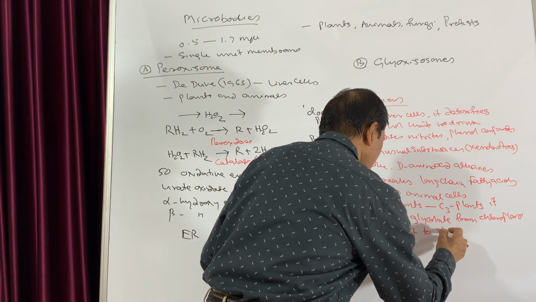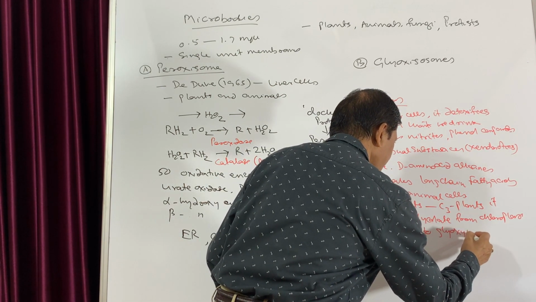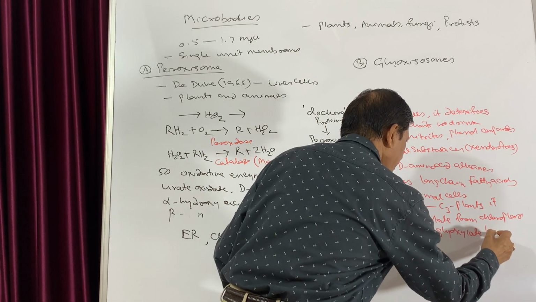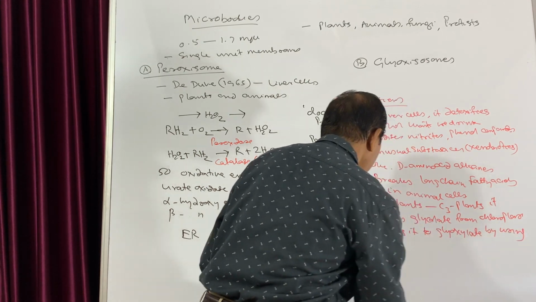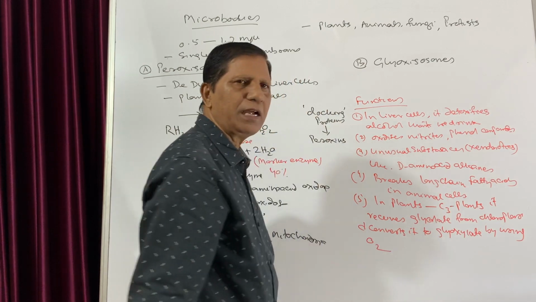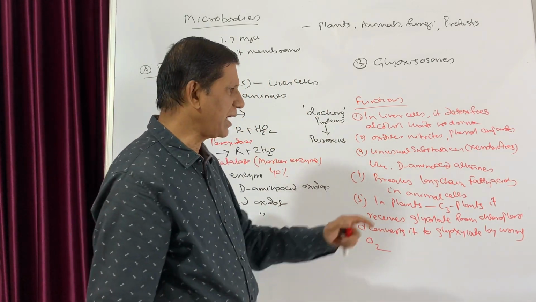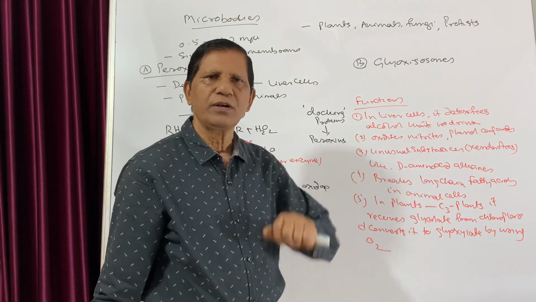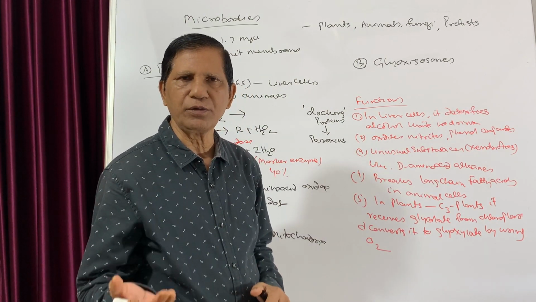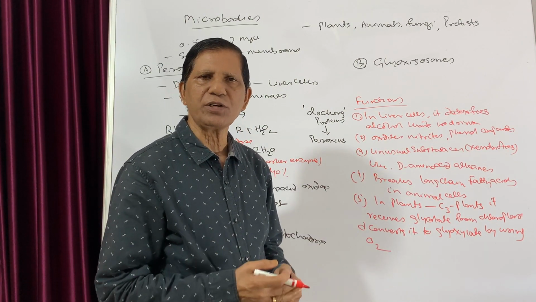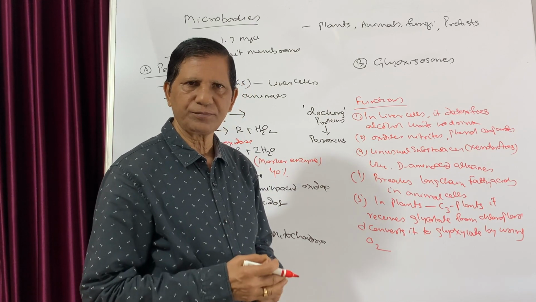That means atmospheric oxygen is directly utilized. Then that glyoxylate will enter into the mitochondria, where it will be converted to the amino acid glycine.